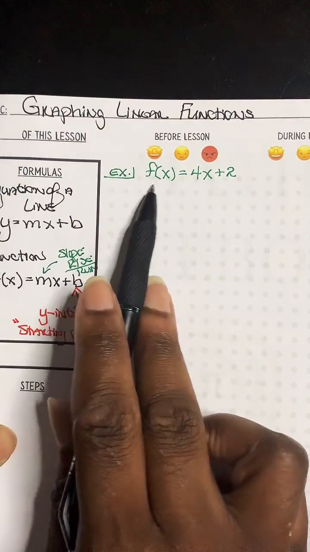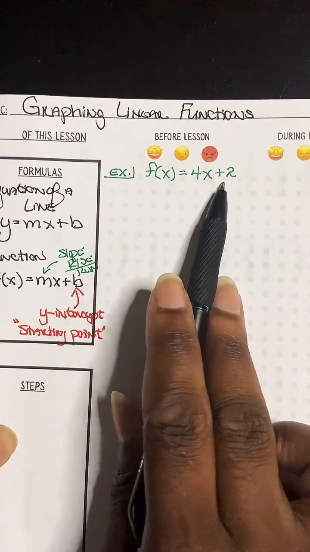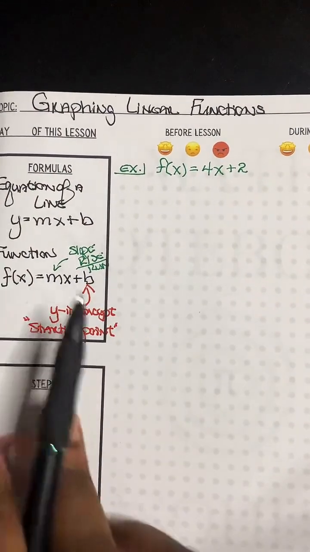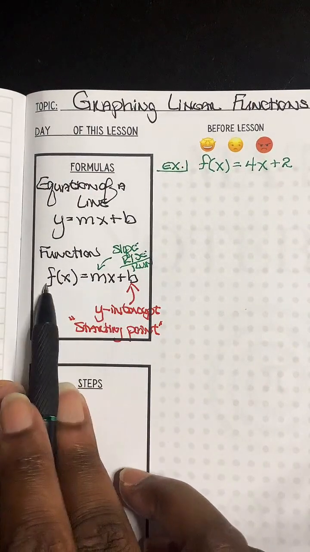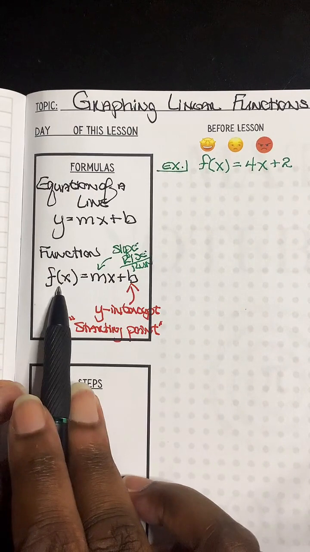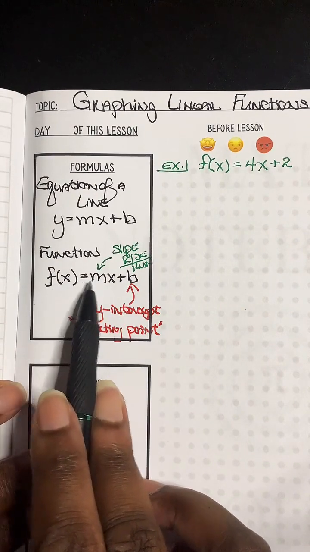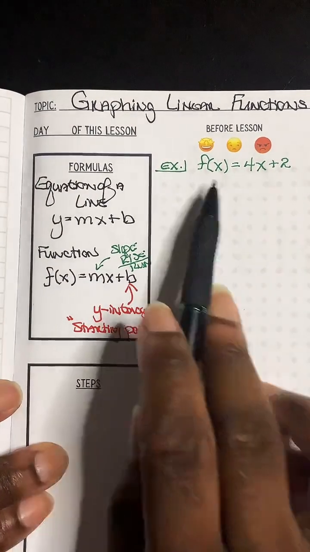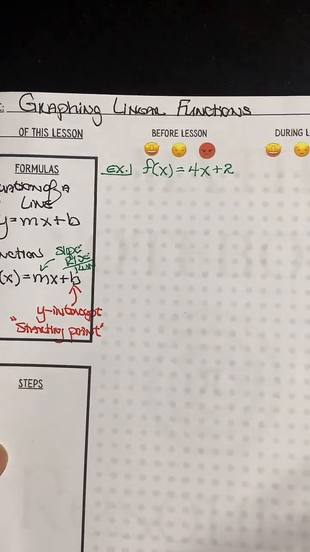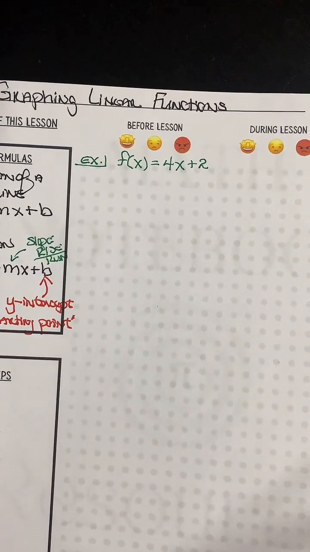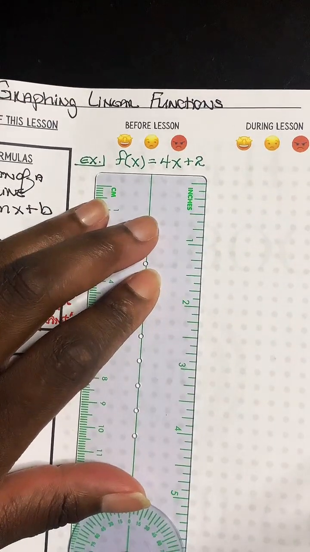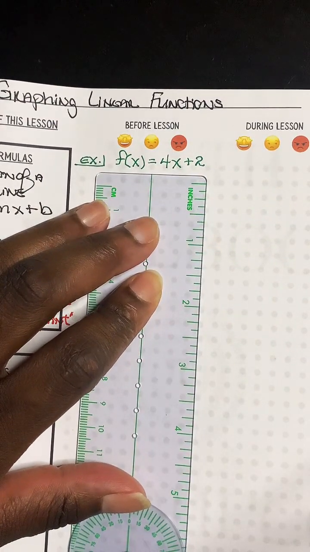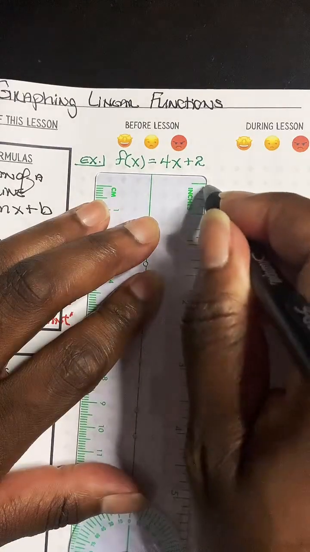Now, as we can see, this equation is in our function format, okay? Instead of a y, it's f of x equals mx plus b. So it's already in that format. If we were to graph it, we can do one of several ways.